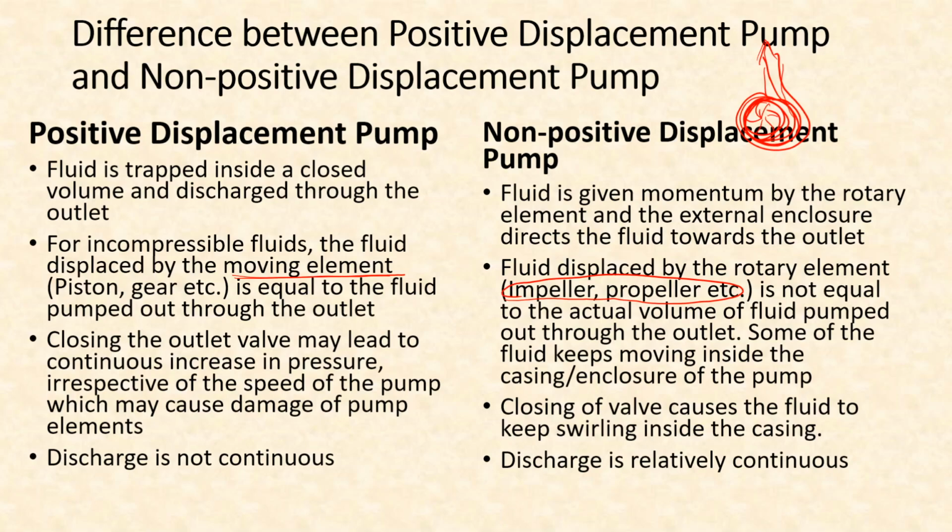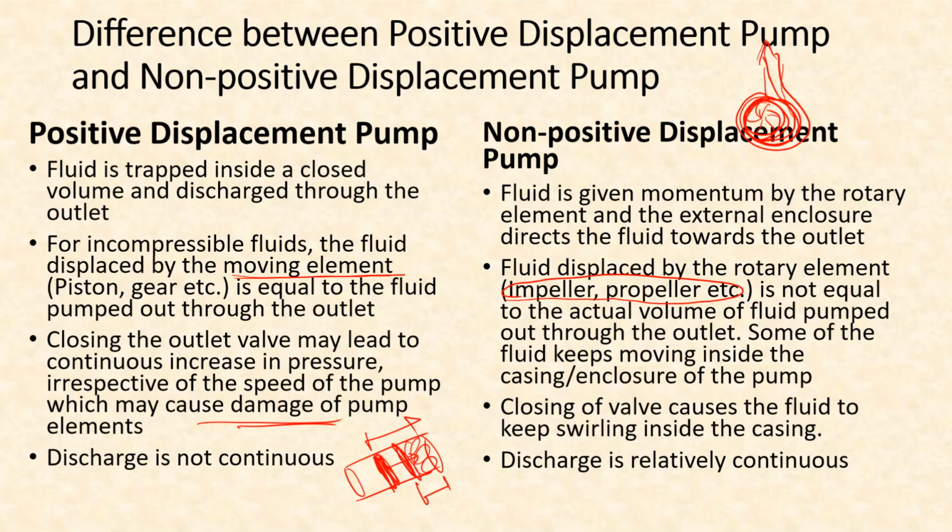Then closing the outlet of a reciprocating pump or positive displacement pump is actually quite dangerous, because suppose inside a piston, if the piston moves and it is forcefully moved to this location, now the volume of fluid which was earlier this much now has only become this much.